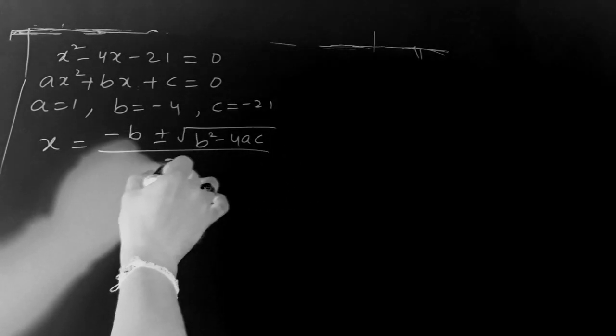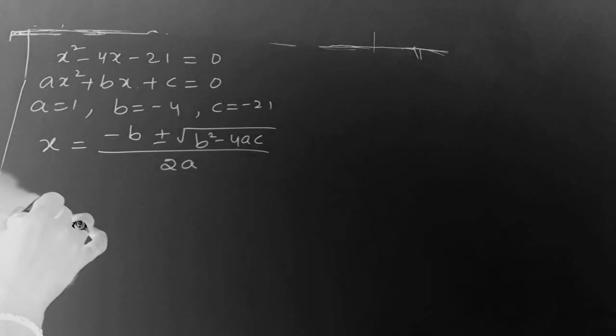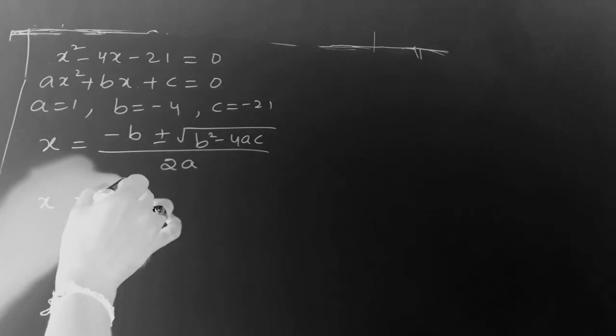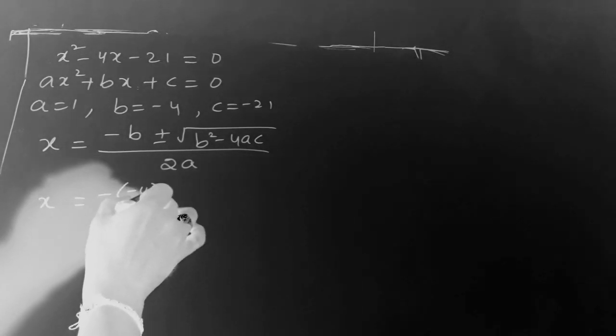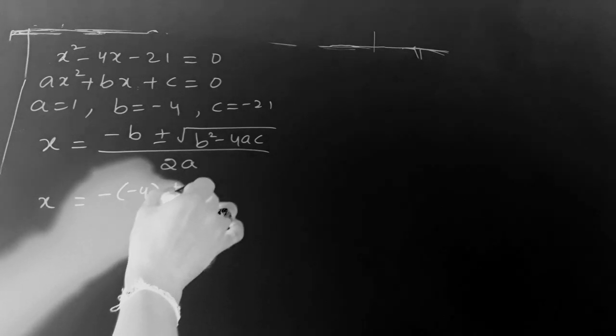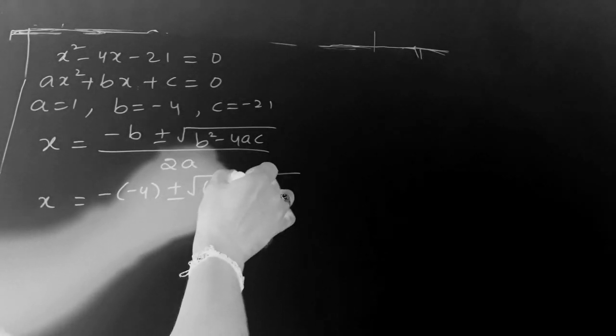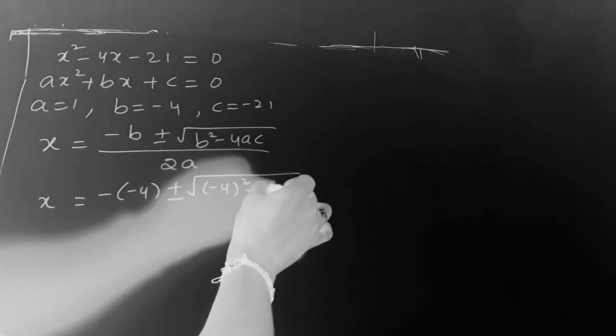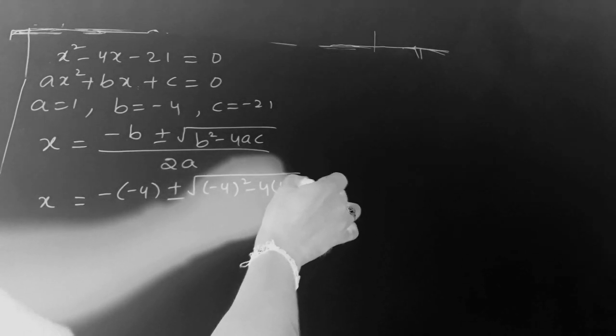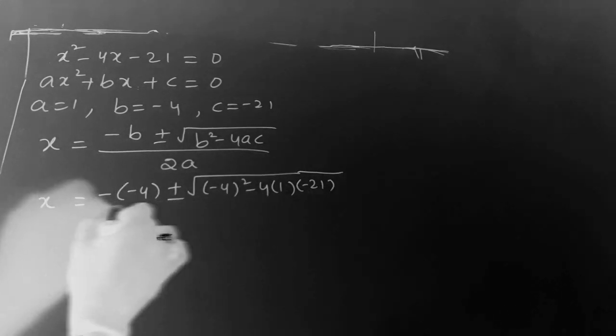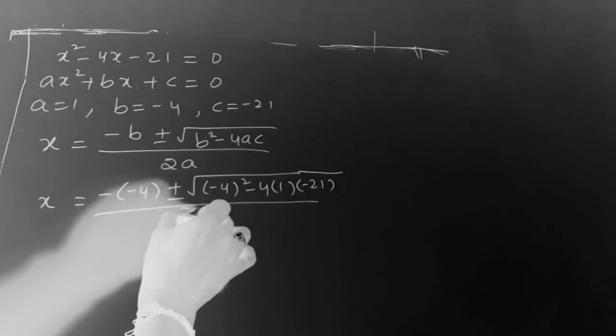This is the formula we have. Now substitute all the values here. Minus b, minus of minus 4, plus or minus under root b square, minus 4 square, minus 4ac, 4 into 1 into c, which is minus 21, by 2a, 2 into 1.